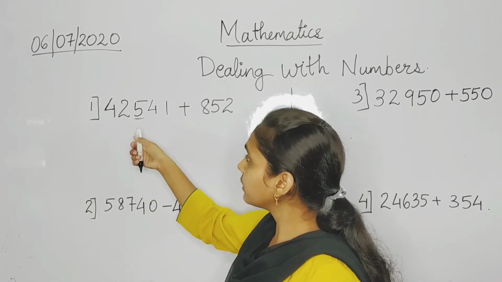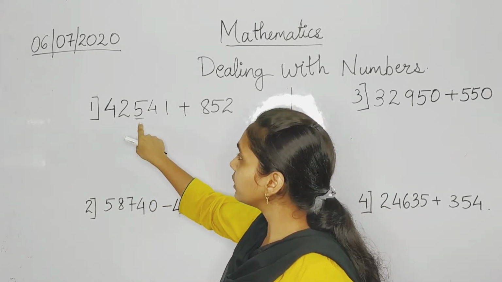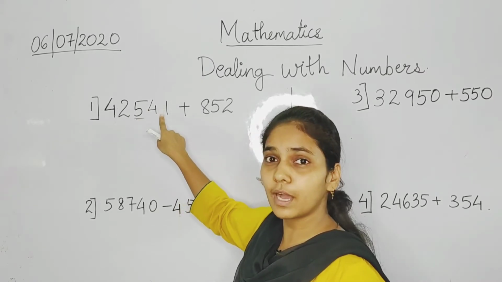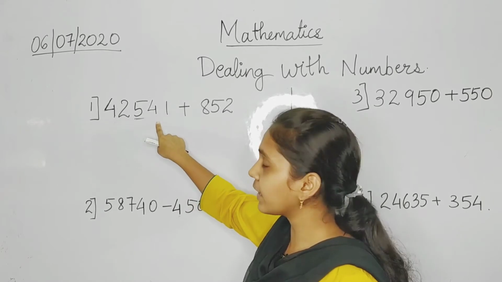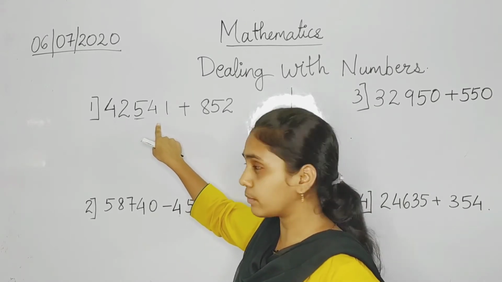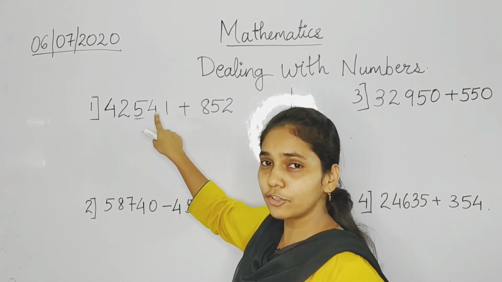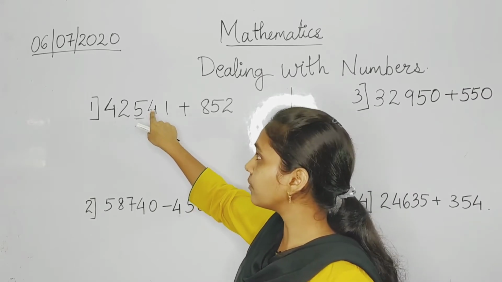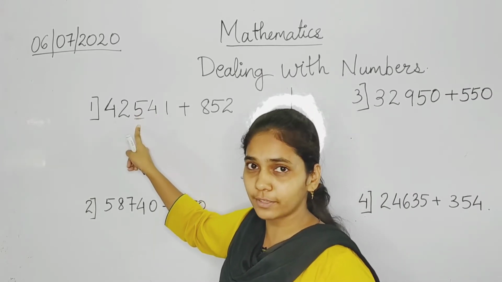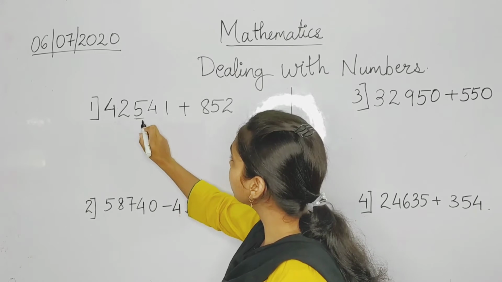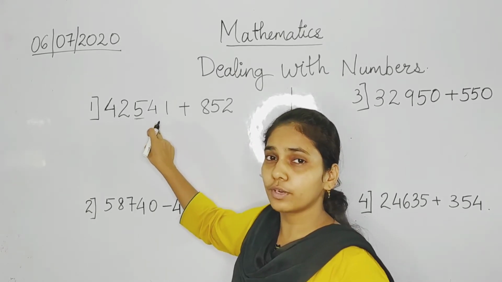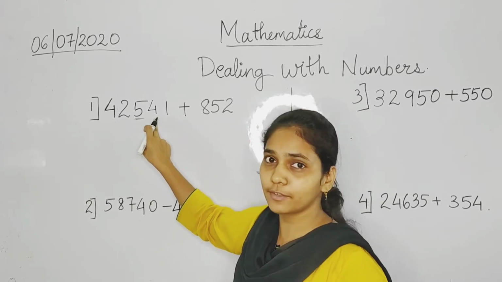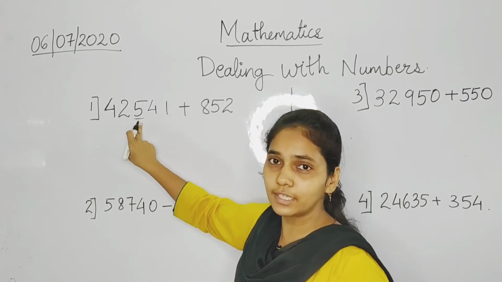Now to round off the number to the hundreds place, first we need to see the number which is after the number 5. The number after 5 is 4, and only if this number is greater than or equal to 5 will we add 1 to the number 5. But here the number after 5 is 4, which is not greater than 5, so we need not add 1 to the number 5.